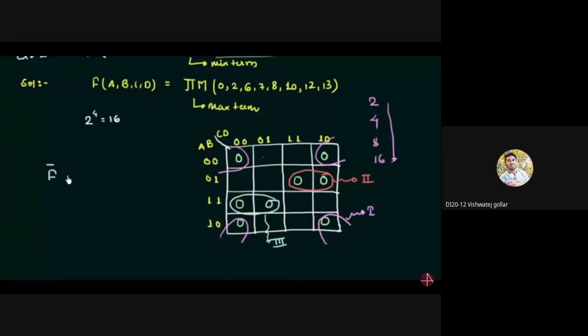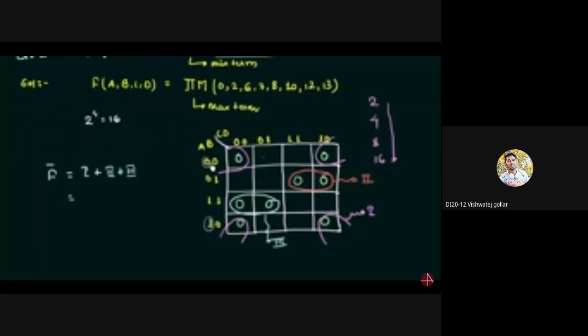So write F complement is equal to 1 or 2 or 3.